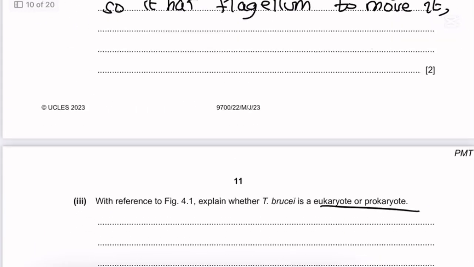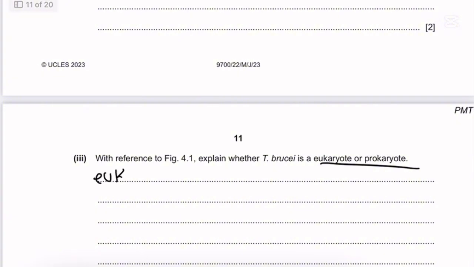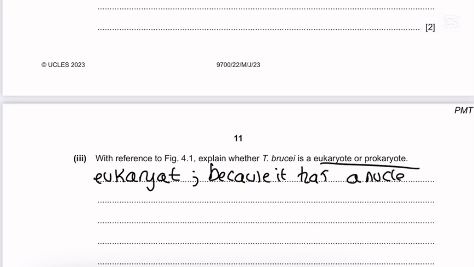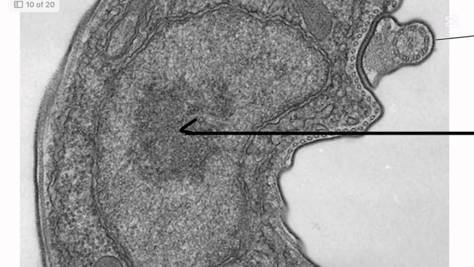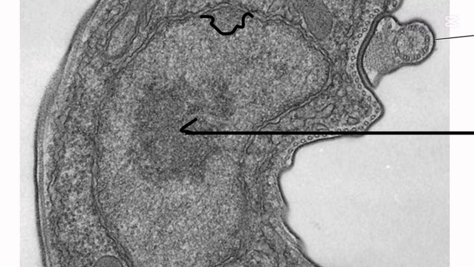So let's go ahead and write that down. Eukaryotic. So a nucleus, a nucleolus. What else? It has linear DNA, or you can say chromatin. You can ask me, how do I know it has chromatin? It's very simple. We look at the nucleus, see those dark areas over here. These are actually all heterochromatin, right?